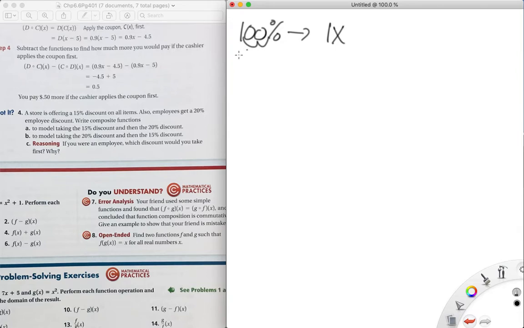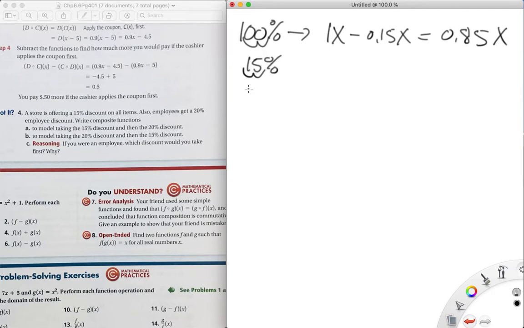If we have a 15% discount, that means that 15% is being taken away. So we're going to subtract 0.15x, because that's being taken away, and that gives me 0.85x. So if there's a 15% discount, that means you're paying 85%.